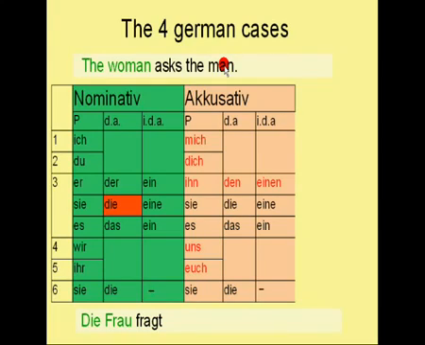Is it in German a masculine noun or a feminine noun or a neuter noun? In German, man is a masculine noun. So we need to take the definite article for masculine nouns in German. And this is it. Den. Den is the definite article for masculine nouns. So the sentence would be like Die Frau fragt den Mann.